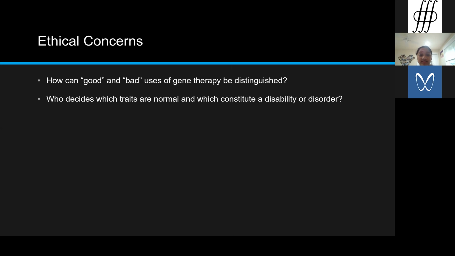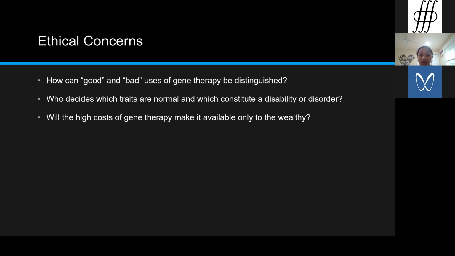And that also relates to the second one, which is who decides which traits are normal and which constitute a disability or disorder. So, whether gene therapy should be used for changing personal appearance, or whether it's actually supposed to be used for something that prevents someone from doing daily tasks, and stuff like that.